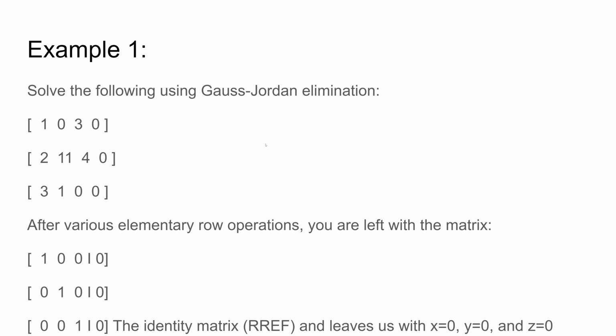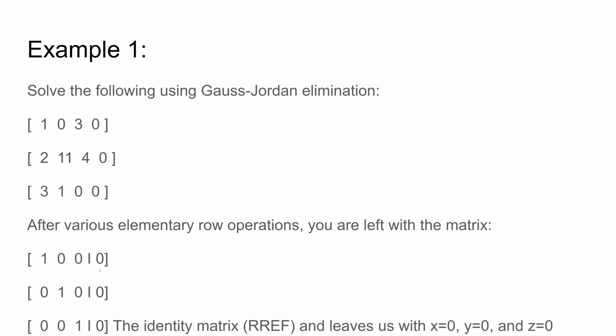So after doing some row operations, and you might have been able to do it yourself, you're going to get this matrix down here. And it turns out this matrix is super key. This is the identity matrix for a 3 by 3 on the left. That coefficient matrix is in RREF form. So it basically tells us exactly what the solutions are.